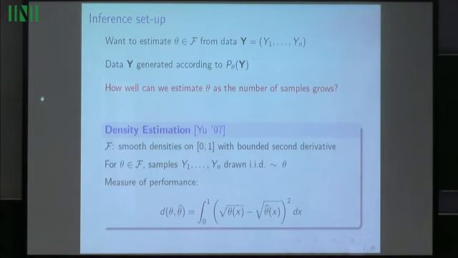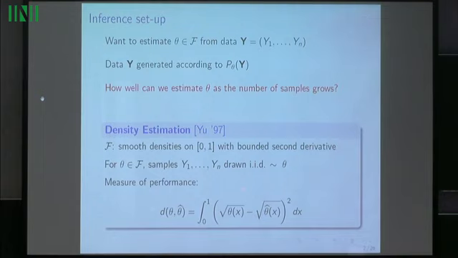The first is density estimation. Your set F here is the set of all, say, smooth densities on the unit interval 0, 1. And let's also assume that the set consists of densities with bounded second derivative. What you get to observe is an i.i.d. sample from some density in that class, say theta, and y1 through yn are drawn i.i.d. according to that density, and you want to estimate the density.